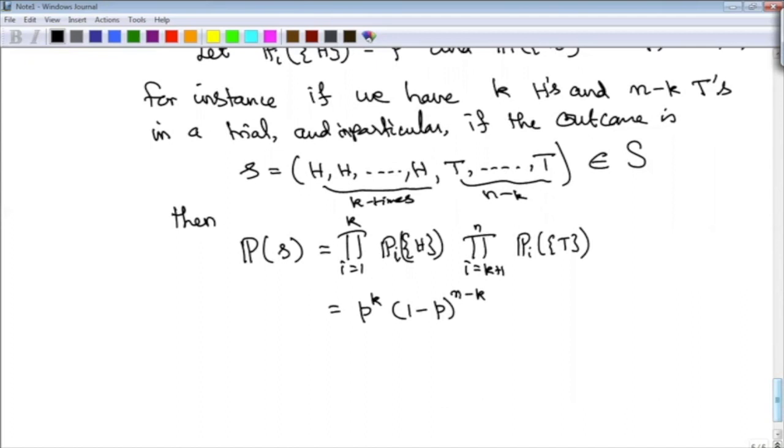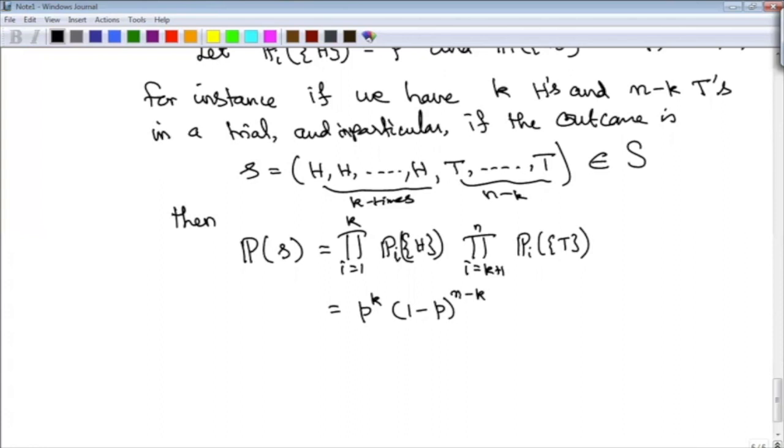Now this may not be the combination in which it might have occurred. It may be in different combinations, right? So therefore you have to take all the possible combinations which have k heads and n minus k tails into consideration. So you have to brush up your elementary combinatorial analysis, counting procedures, all basics only.